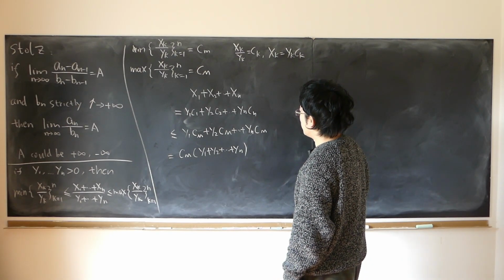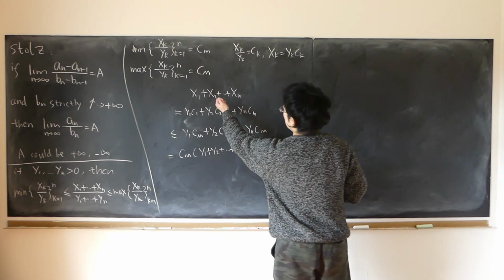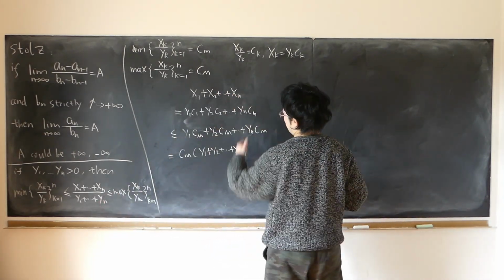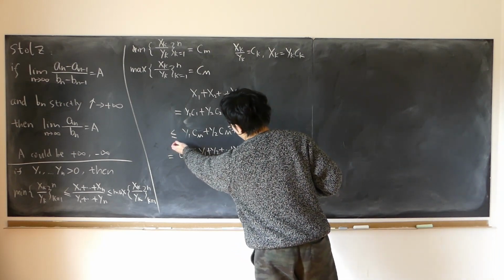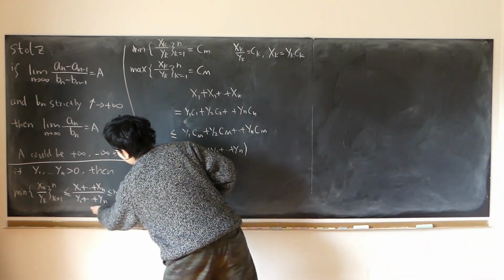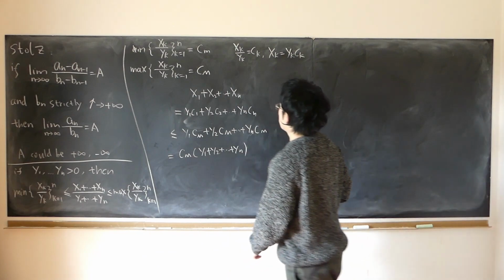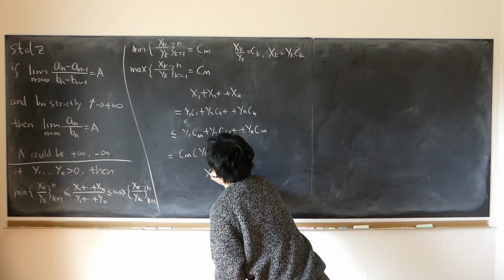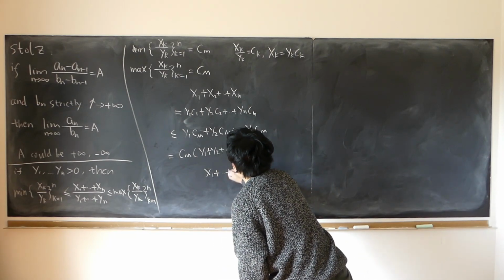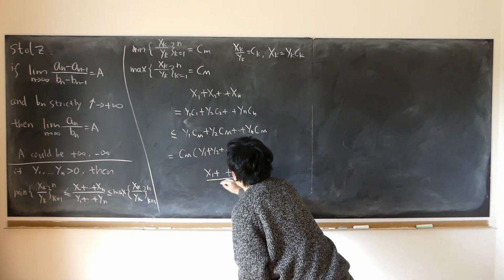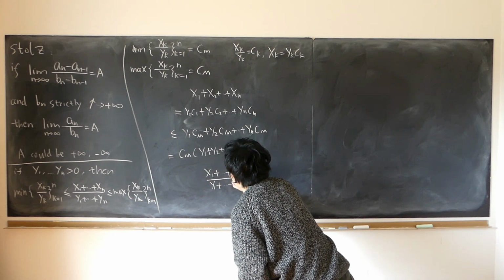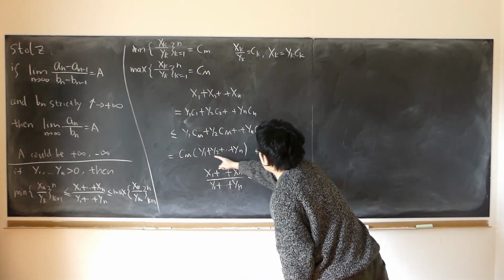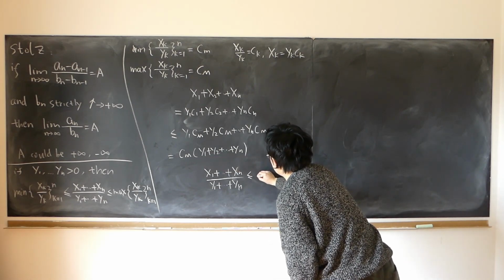And if we divide everything by y1 plus all the way up to yn, the direction of the inequality remains because y1 plus all the way up to yn is always positive. So we have x1 plus all the way up to xn divided by y1 plus all the way up to yn is less than or equal to this also divided by the same thing.